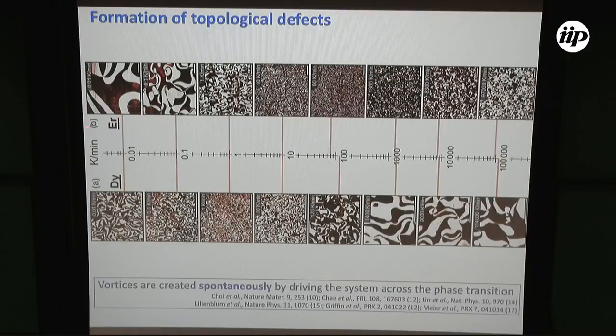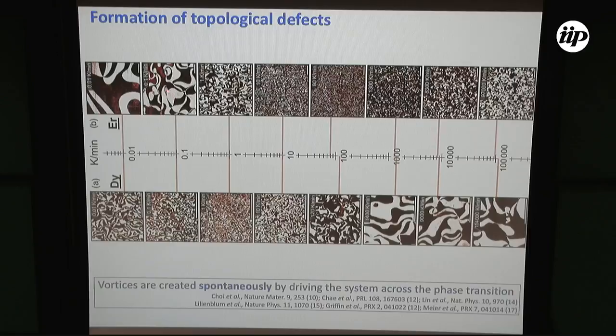Here I show you different images that are obtained for two systems, the dysprosium compound and the erbium one. The different images correspond to different cooling rates for the quenching.